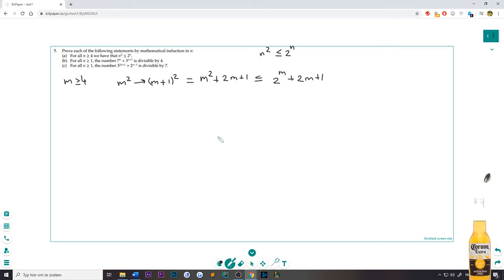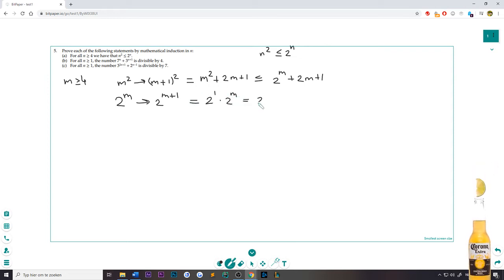So anyway, now we've proven this part of the side, right? And so now what we also want to do is we want to show what happens if we have 2m plus 1 here, right? Okay. So now because we want to show this, well, what do we get here? We get 2 to the power 1 times 2 to the power m, right?